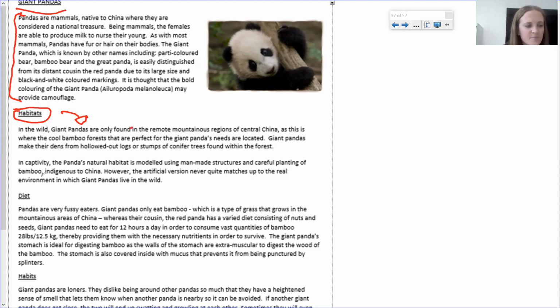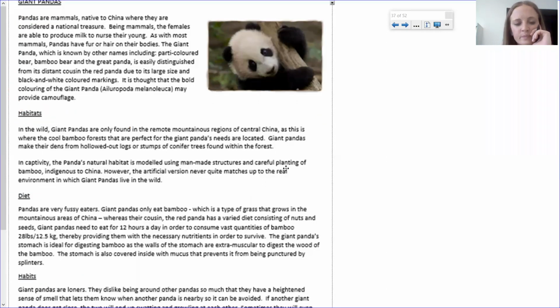This one over here tells me about its diet. This one over here tells me about the habits of the panda, a bit more about what the panda's like doing.